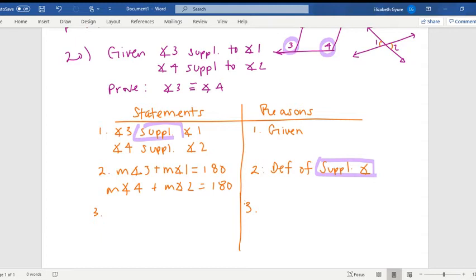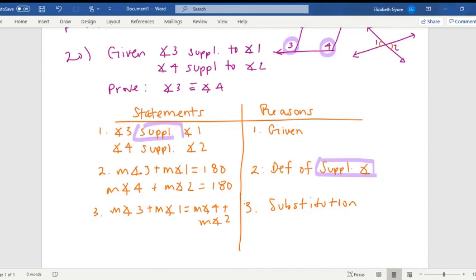They're not congruent, they're equal, but also what do they equal? 180, right? They're both equivalent to the same thing. You could use transitive here. Transitive you can use either way. Substitution you can only use with equations, though. But very good. We're going to set these equal. So the measure of angle 3 plus the measure of angle 1 is going to equal the measure of angle 4 plus the measure of angle 2. That is substitution.